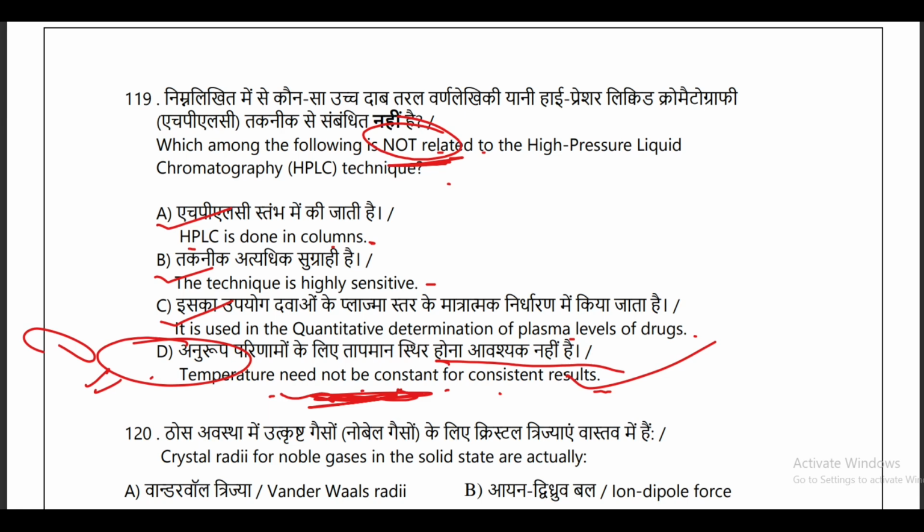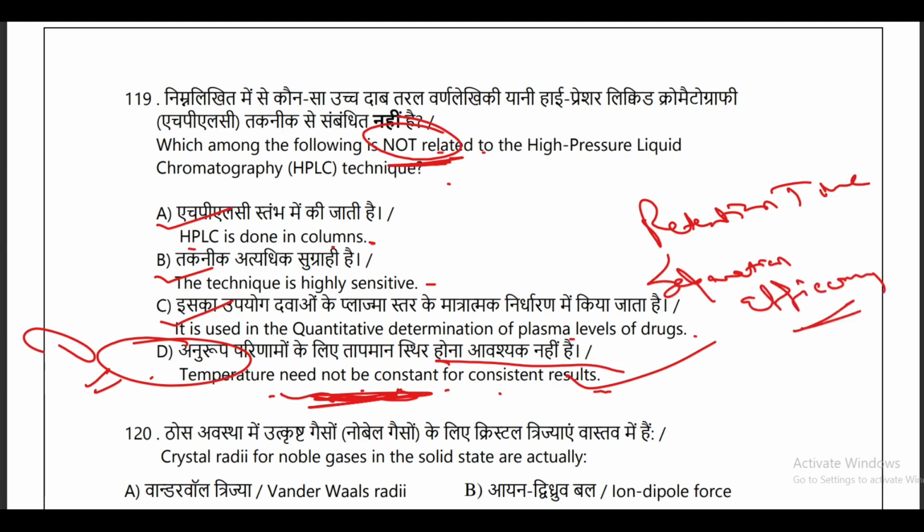Any variation in temperature can affect the retention time and separation efficiency of the analytes, which leads to inconsistency and unreliable results. So temperature plays an important role, so D is your correct answer.